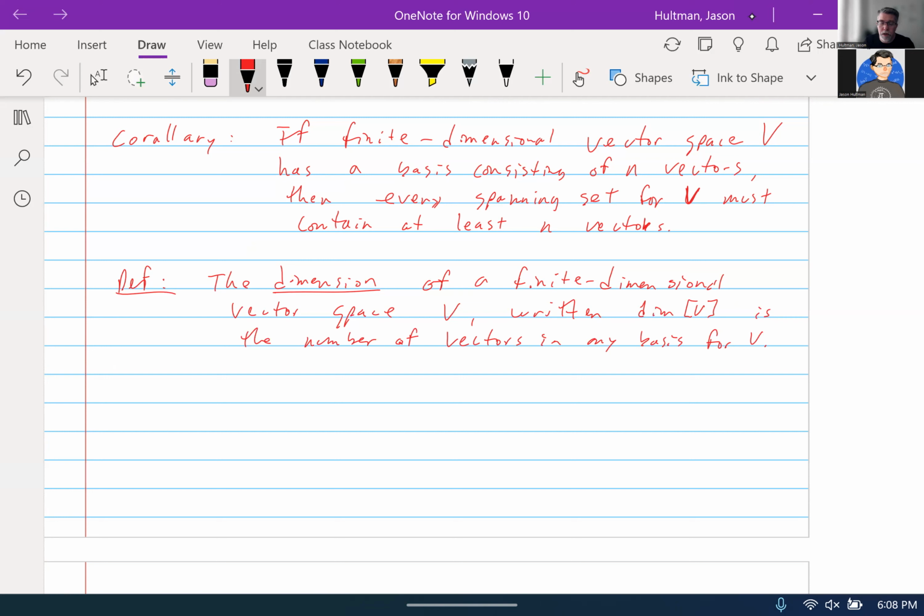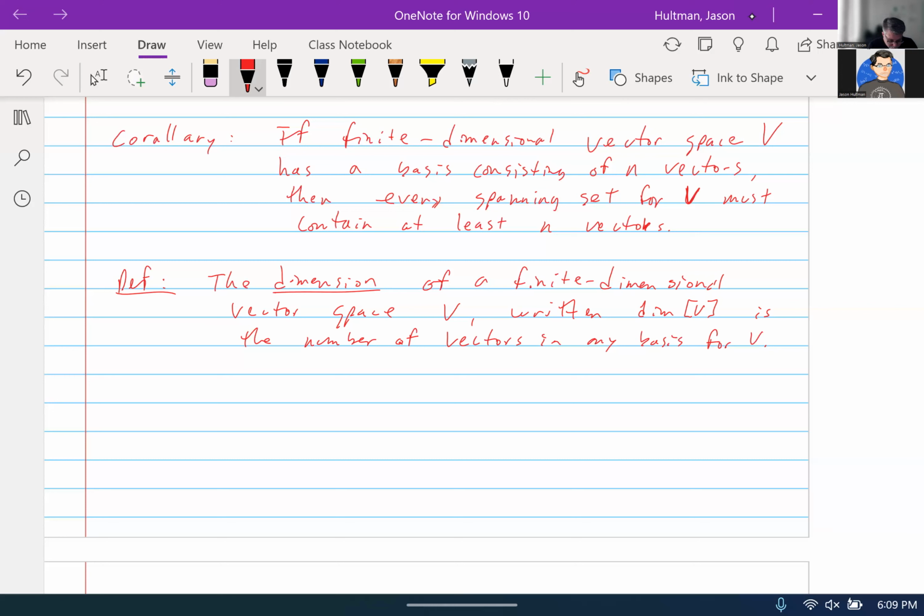Since all bases are going to have the same number of vectors, then the dimension of V is that number of vectors that would create any basis. It could create the standard basis, or it could create any other basis. But any building blocks for the vector space are going to have a certain number of vectors, and that's called the dimension.